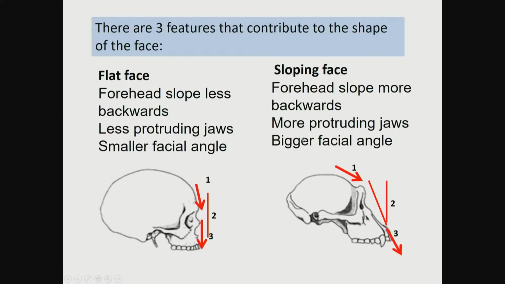A sloping face has a more protruding jaw, and a flat face has a less protruding jaw. Same with a forward slope and a slope more backwards. So we'll use flat face and sloping face, then we know our wording and our definitions are correct.